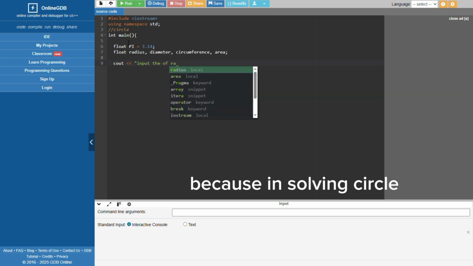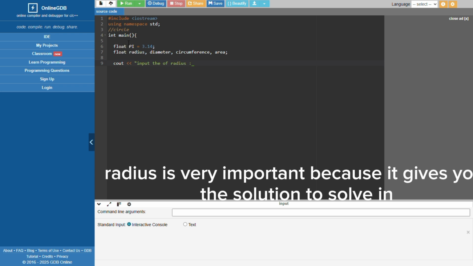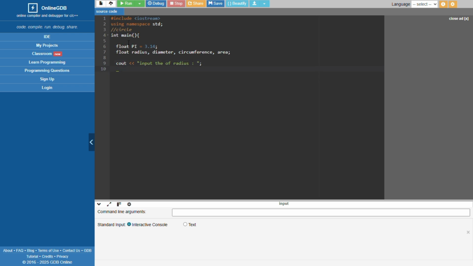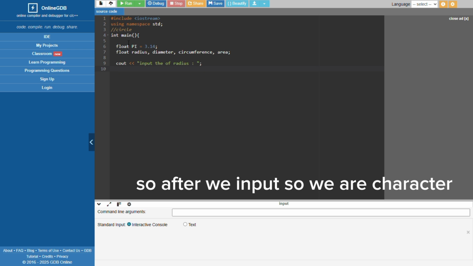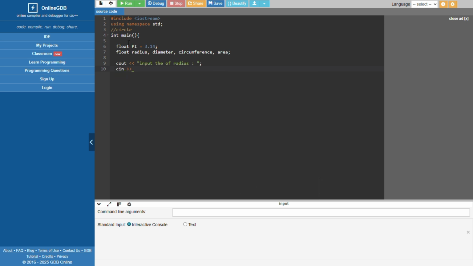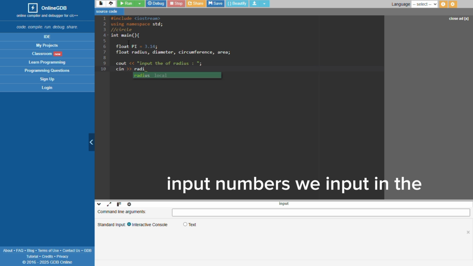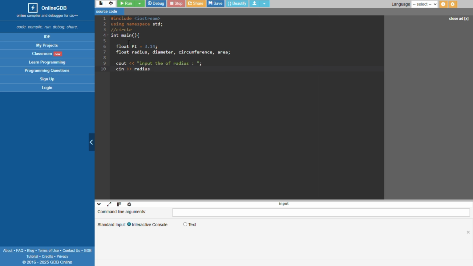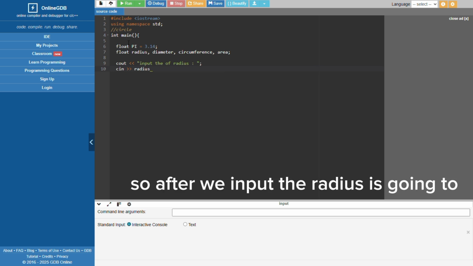Because in solving a circle, radius is very important because it gives you the solution to solve in the circle. So after we input, we use cin and give the input numbers we input in the program.